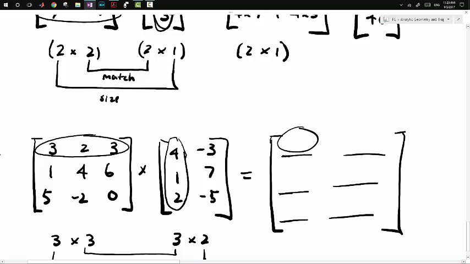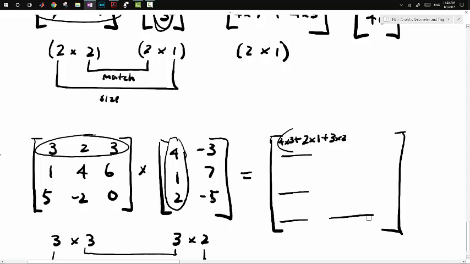So it's going to be 4 times 3 plus 1 times 2, or 2 times 1, 2 times 1, plus 3 times 2.